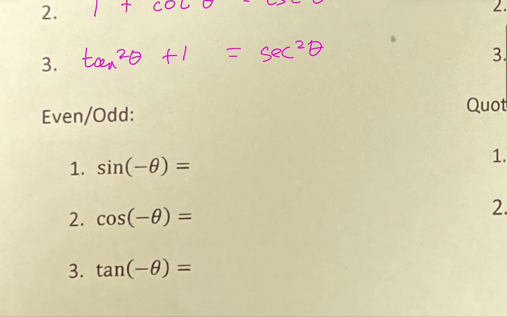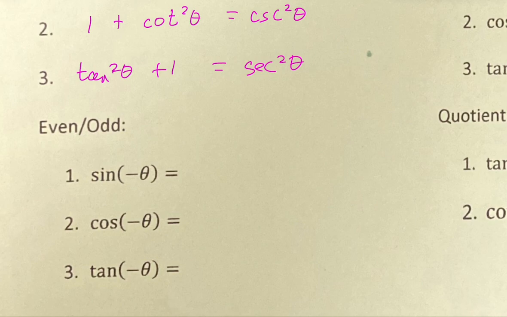Now, let's go to the even or odd. For your even and odd, the main thing to remember is that these two are odd, and this one is the only one that is even. If you tell me odds or evens on those correctly, I'll give you some points for that. This one, because it's odd, the negative can come out in front.